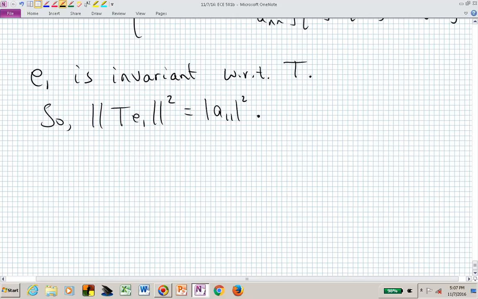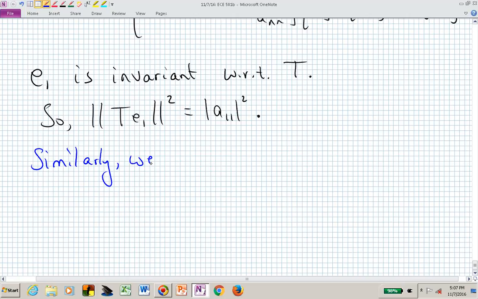Suppose we start investigating what happens when we work with the adjoint of T. What are we trying to do? We're trying to show that the matrix representation of T is diagonal if we start with T being normal. So far, we really haven't used much about the normal properties of the operator T.